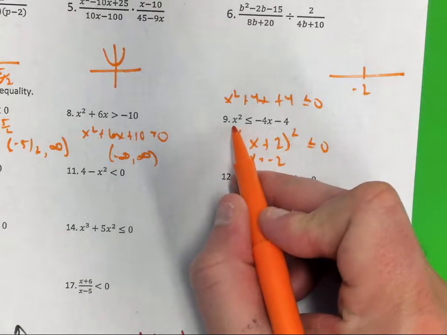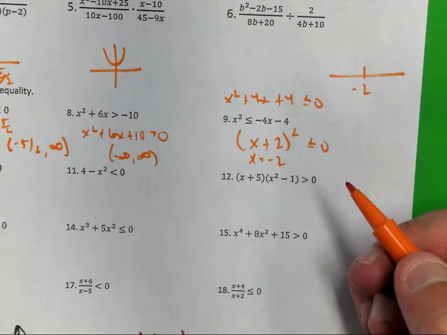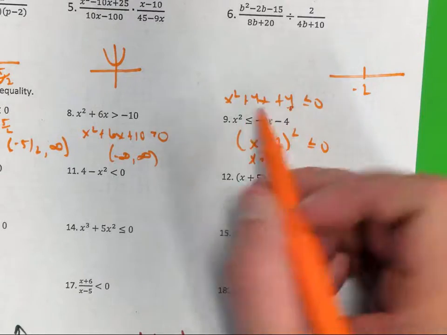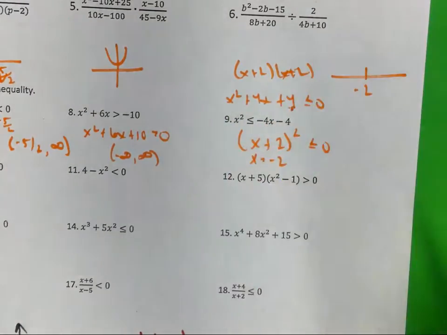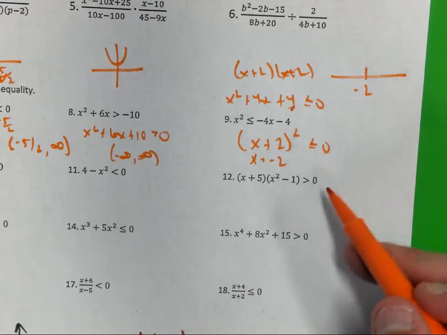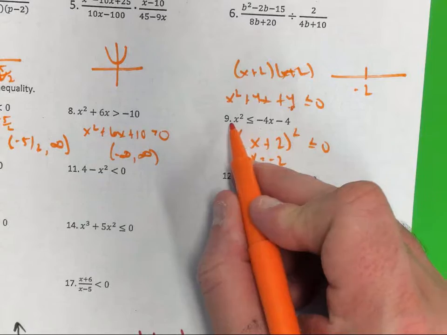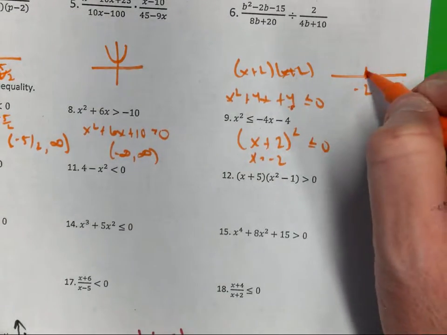Okay, leading coefficient is positive. When you factor that, it's got to multiply to give you 4, add to give you 4, so that's x plus 2 and x plus 2. So when I solve that, that gives me x equals negative 2. The leading coefficient is positive. Multiplicity of 2, that means I bumped the graph.